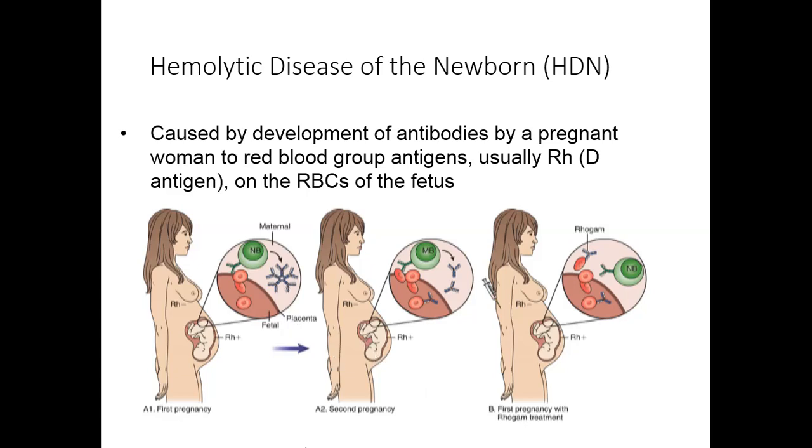All well and good. Let's pretend the mother isn't treated. Now the same mother, still Rh negative, because she was born that way, has a baby that's Rh positive. This time again, there's a little bit of a bleed between the placenta and the mother.